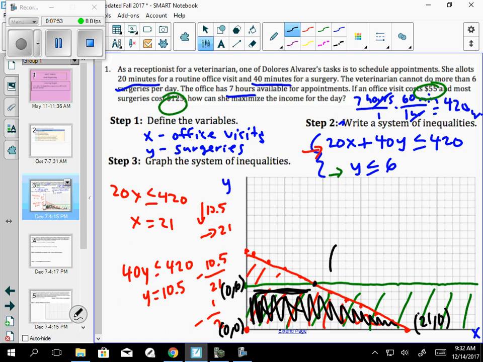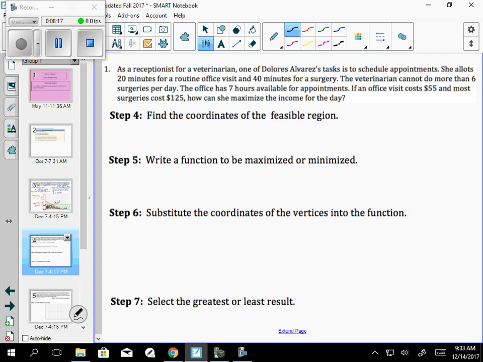That one is definitely up 6, because this green line goes across at 6. Over, if we count 1, 2, 3, 4, 5, 6, 7, 8, 9, it looks like it's at 9, 6. So those are the points now that we want to check with our money equation, or our equation that's going to be looking at what needs to be maximized or minimized.